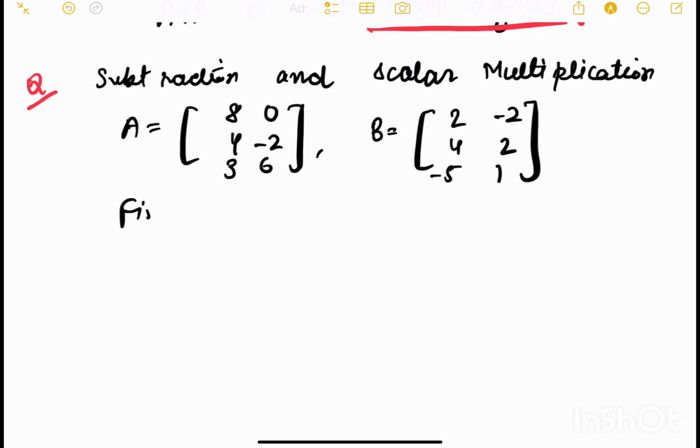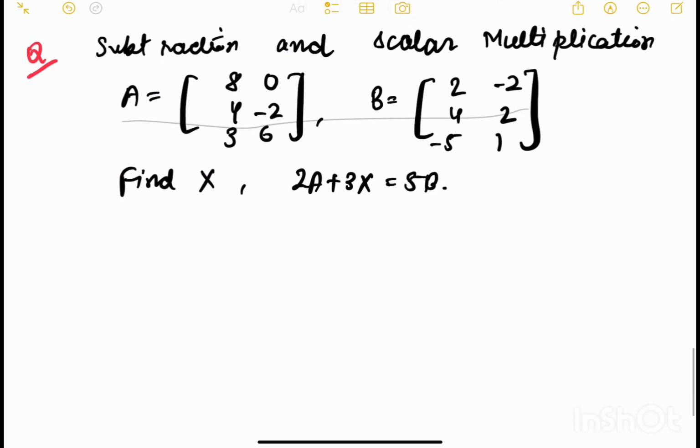Now the question is to find x such that we are given this expression. So we are given this expression and we have to find x.